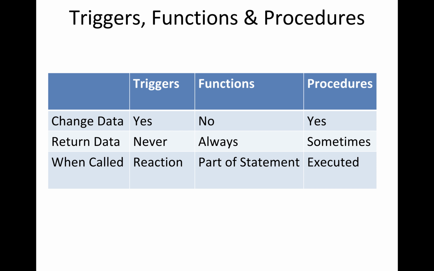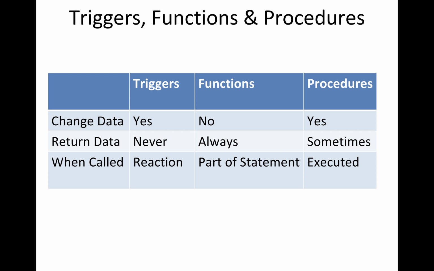Now, there are different types of stored procedures depending on when they get executed, right? Some of them are executed by you specifically invoking them, right? Either from the command line or from an API, like from Java or some other, where you can get a hold of that function and then explicitly call it and pass it parameters, or they execute implicitly based on certain events that occur, right?